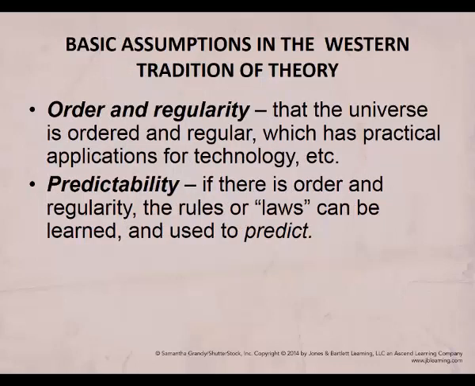Okay. When talking about Western tradition of theory, a couple of things to remember. First, order and regularity. This simply means that based on Western theory of tradition, the universe is ordered and regular. And this idea can really be carried over into health behavior. Second, if there is order and regularity, then there will be predictability.